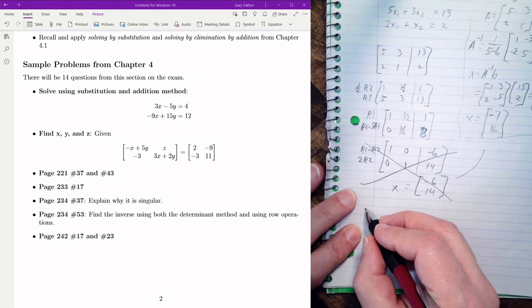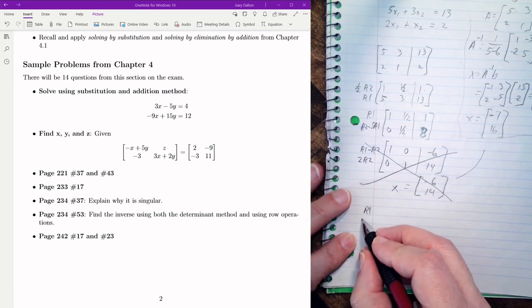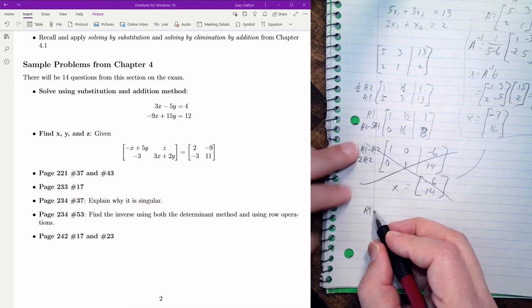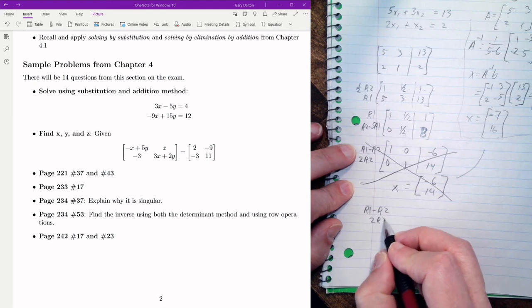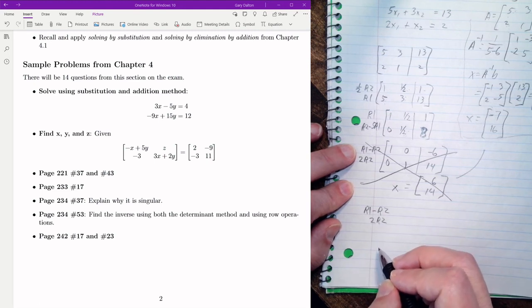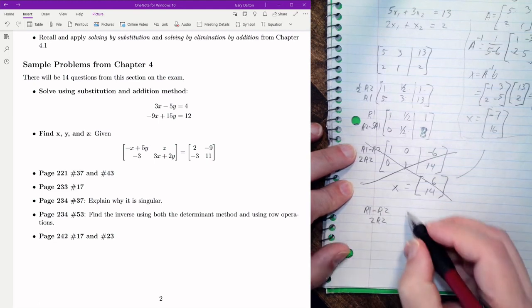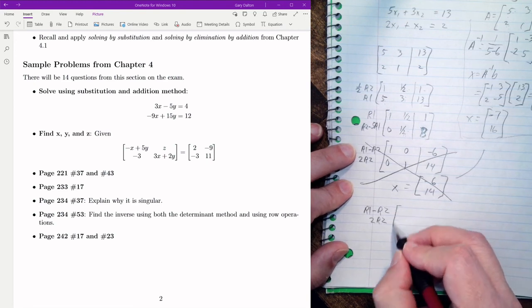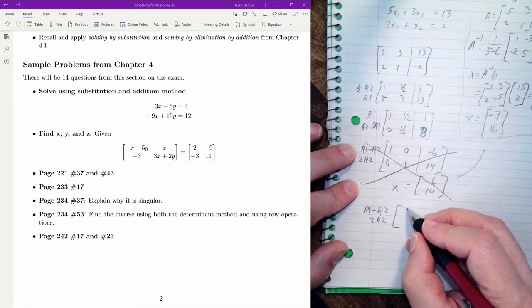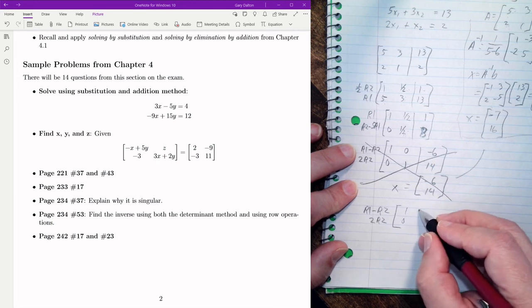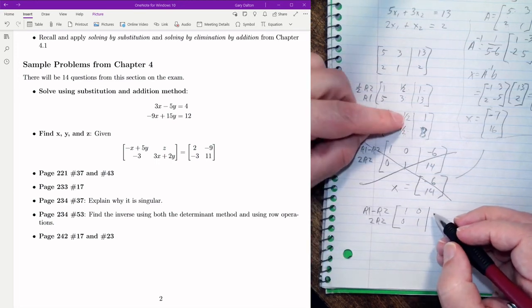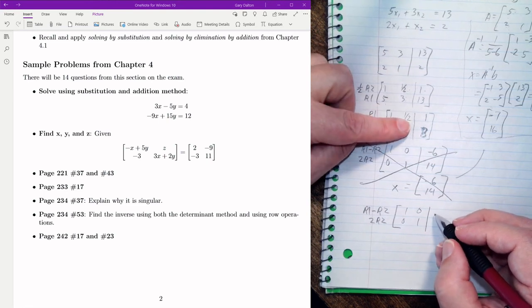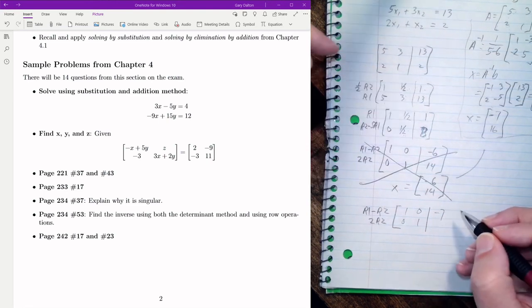And what we have is row 1 was minus row 2, and then 2 times row 2. Okay. And that will give us 1, 0, 0, 1, 8. 1 minus 8 is minus 7.